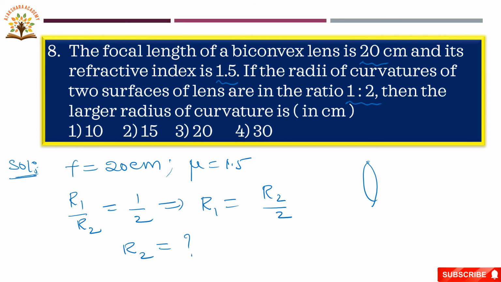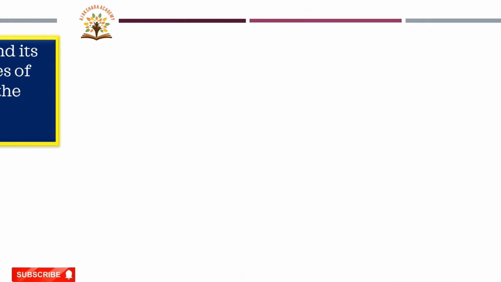So 1 by f is equal to (mu minus 1) of (1 by r1 plus 1 by r2). This is the formula for a biconvex lens.